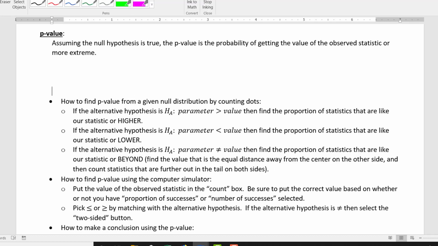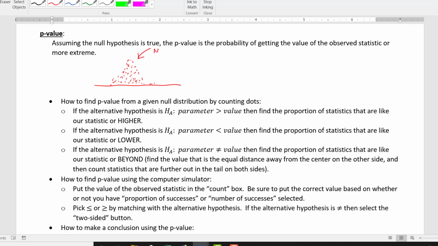As we learned in the last module, the first step in our 3S strategy is that we find an observed statistic out in the world. The second step is we simulate. We create a null distribution. That null distribution is the set of sample statistics that we expect to get if the null hypothesis is true.